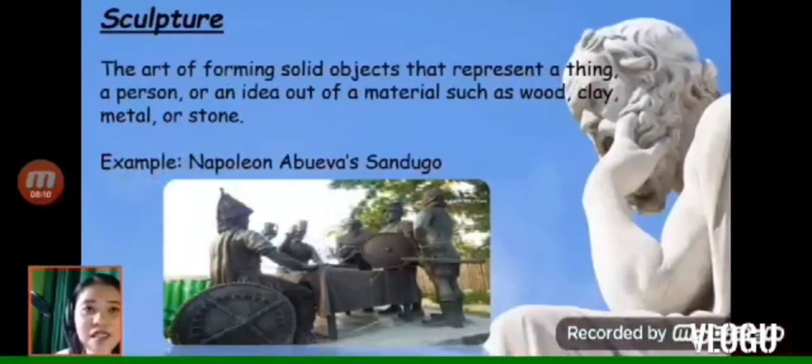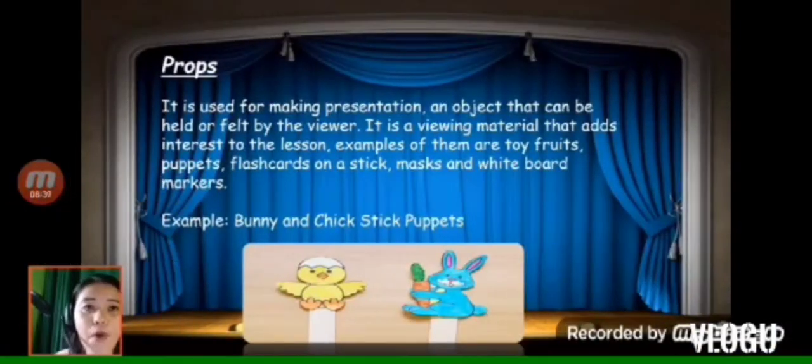Next is sculpture. The art of forming solid objects that represent a thing, a person, or an idea out of a material such as wood, clay, metal, or stone. At the left side, you can see Napoleon Abueva's Sandugo. At the right side is a sculpture of a man. Next, props.